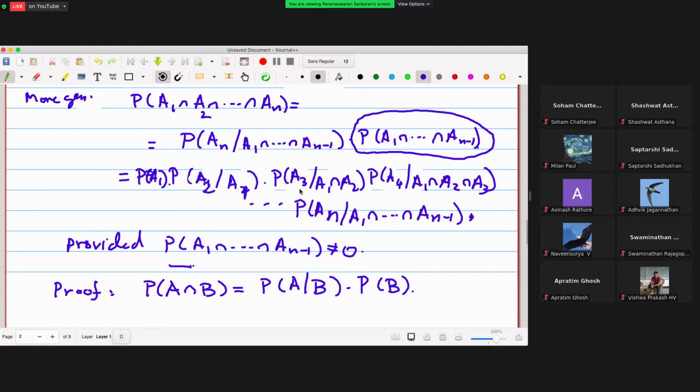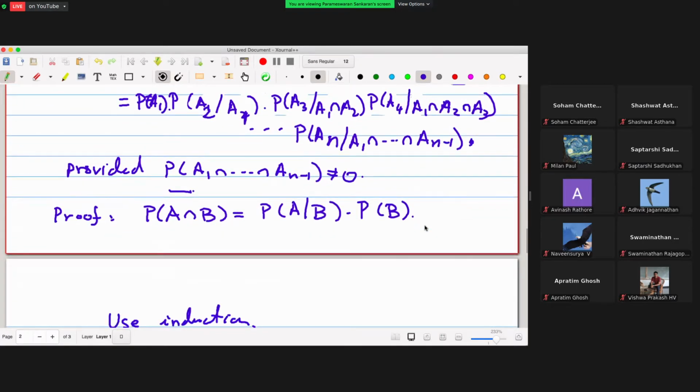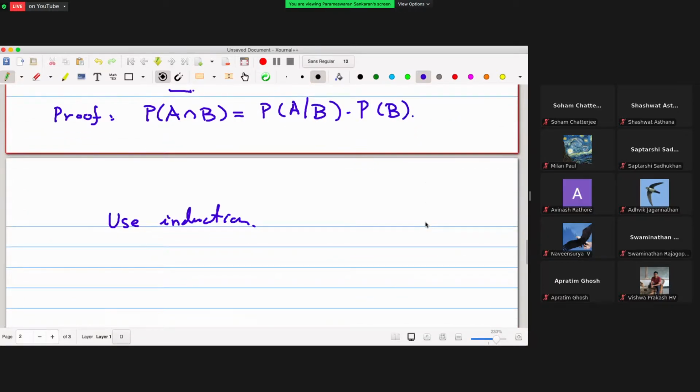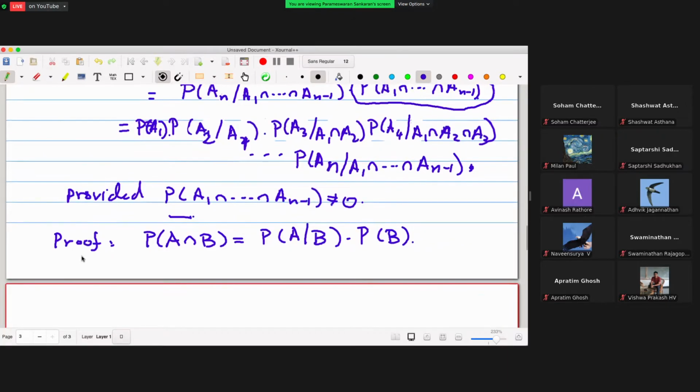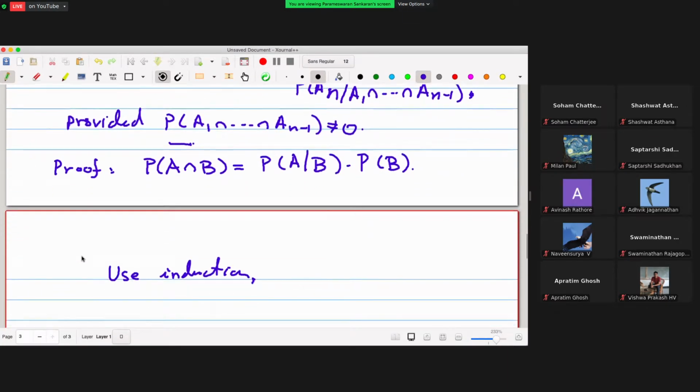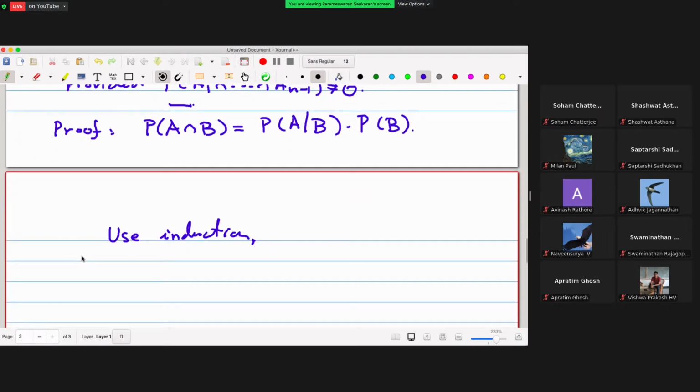Let us prove it because I made a mess. Normally I would not have proved this, but since I made a mess and wasted 5 minutes of your time, let me waste another 3 more minutes and finish the proof. Yes, I think now it's correct, sir. I just missed that probability of A1 and then A2 intersect. So the proof is by induction.